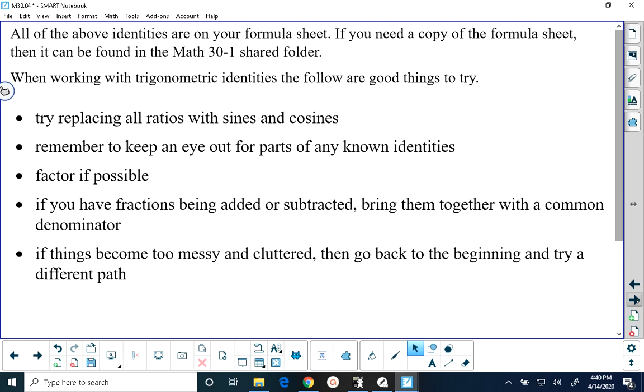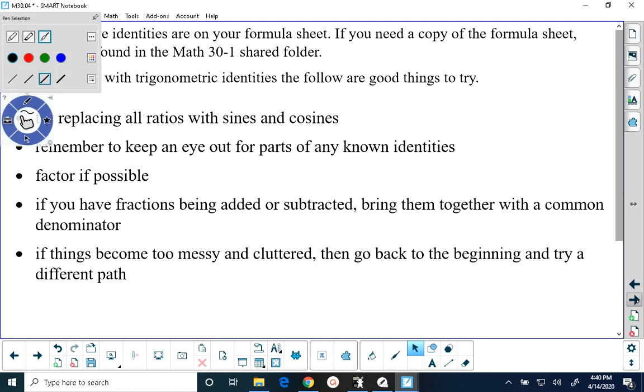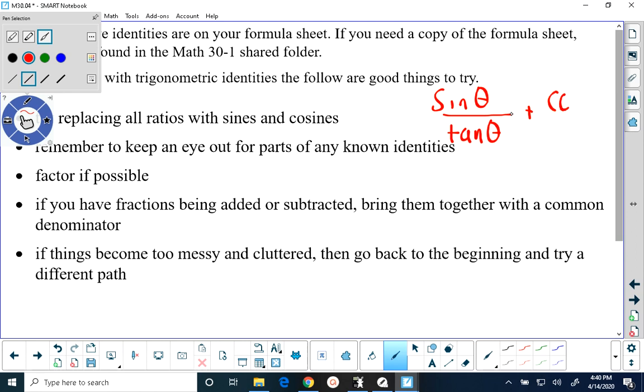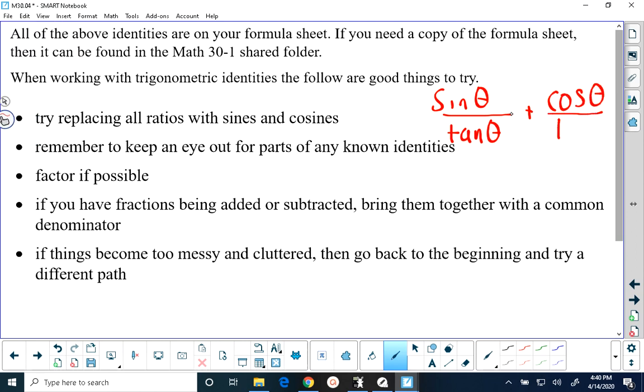The fourth point, just to make sure that you understand what it means, is if you're ever faced with a problem and in the problem you see fractions that are separate from one another, like sine of theta over tan of theta plus cos of theta over tan of theta, you should put them together because they have a common denominator.